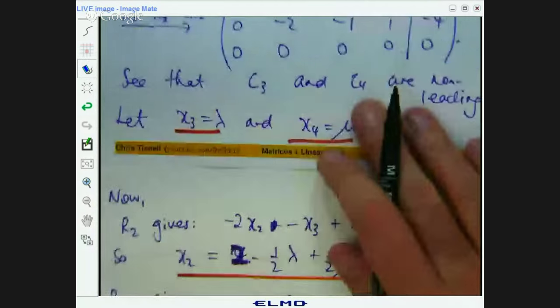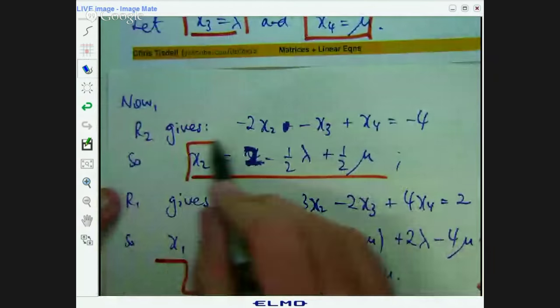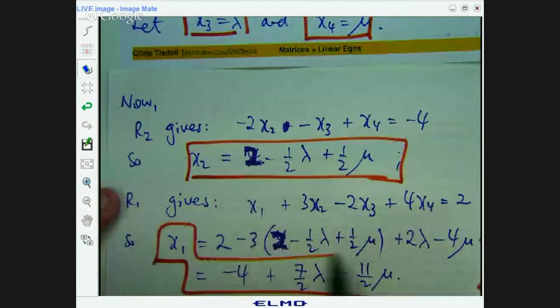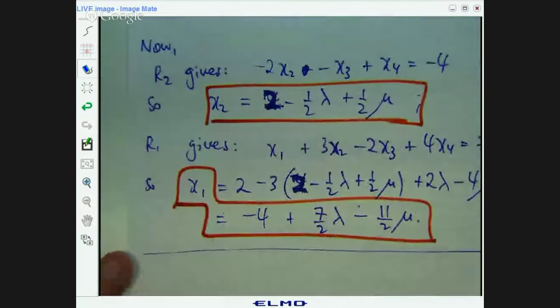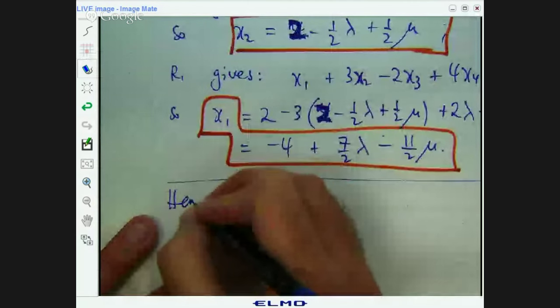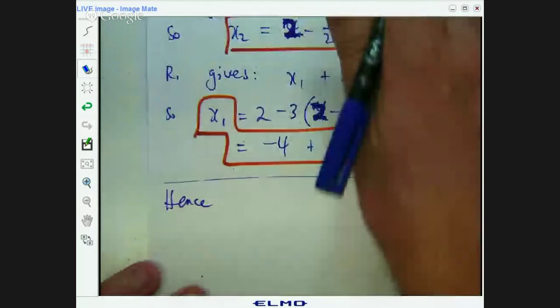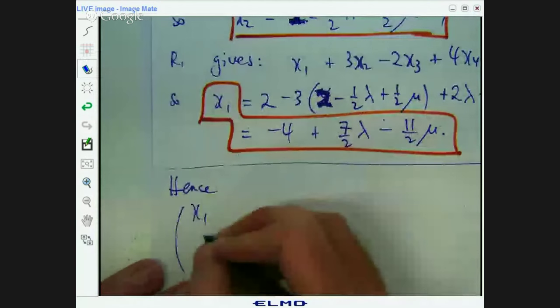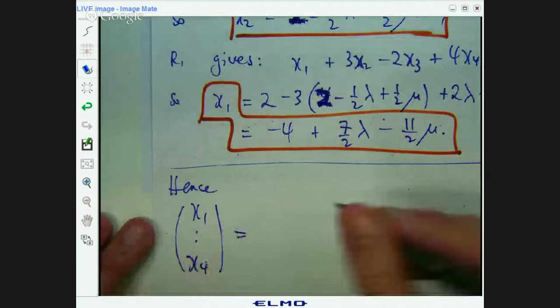All right, so what have we got? We've got x3 there, x4 there, x2 there after I did the correction, and x1 there. If I wanted to write this all in parametric vector form, I can combine everything. So write x1, x2, x3 down to x4 as a vector.